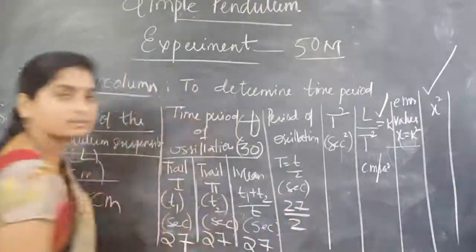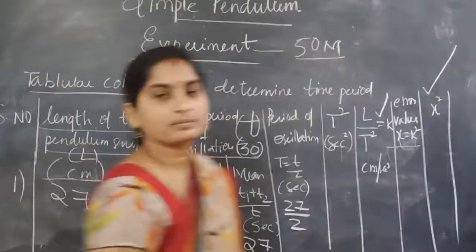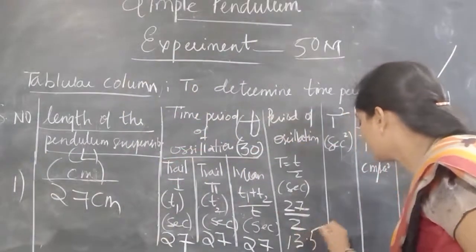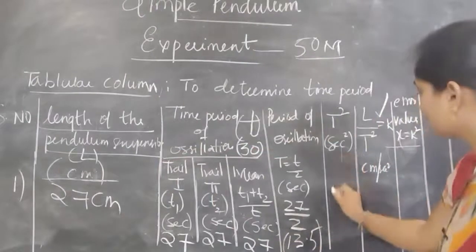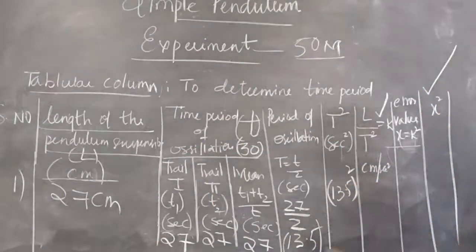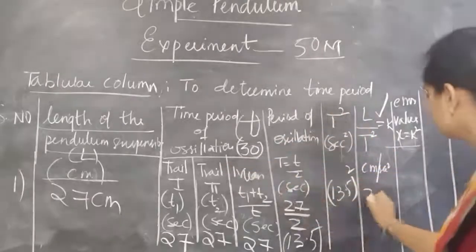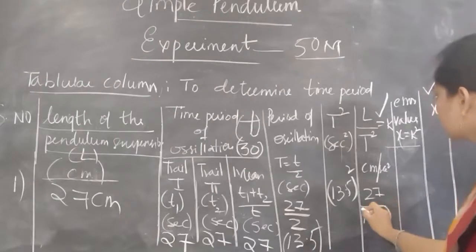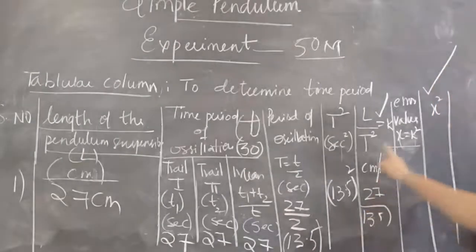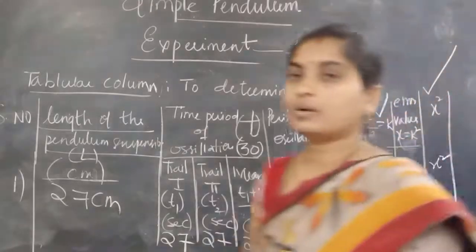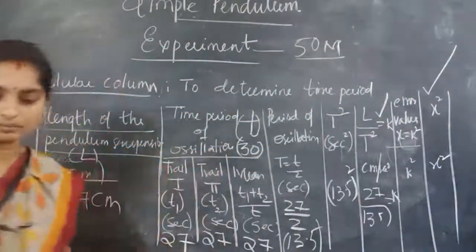How much do you get? That value you have to write here. It is 1.35, right? This is 1.35 squared. Next, what is the L by T squared value? 27 by 13.5, is equal to what? K. Again K squared x squared. This is how you complete the tabular column.